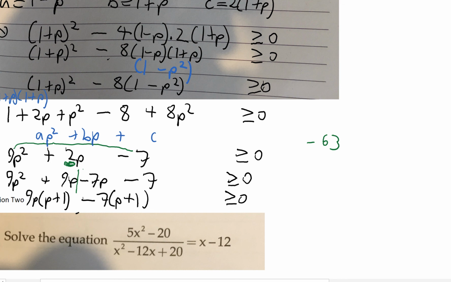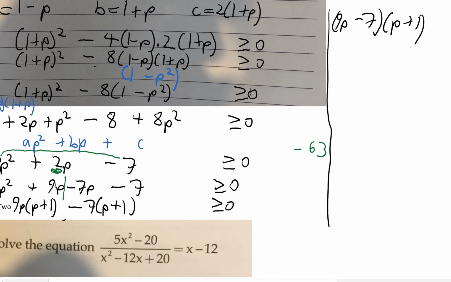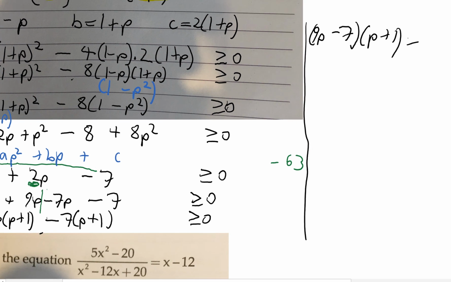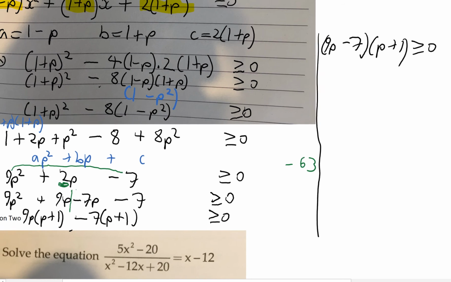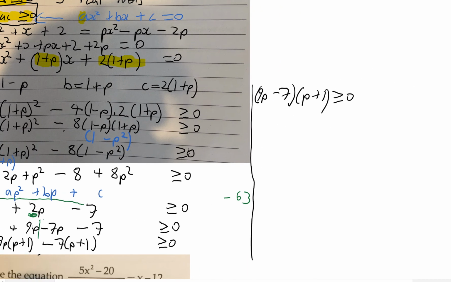So if I fully factorise that, what's it going to say? Well, it's going to say (9p minus 7) times (p plus 1), and that's got to be greater than or equal to 0, doesn't it? To have real roots in the original equation at the start.